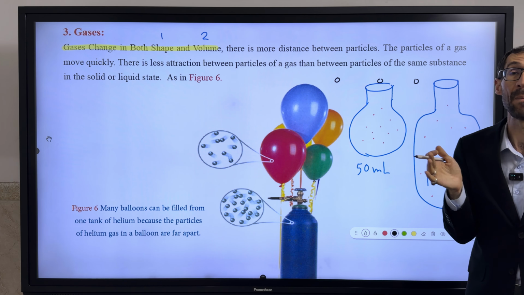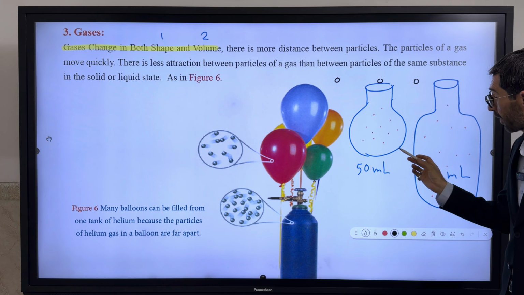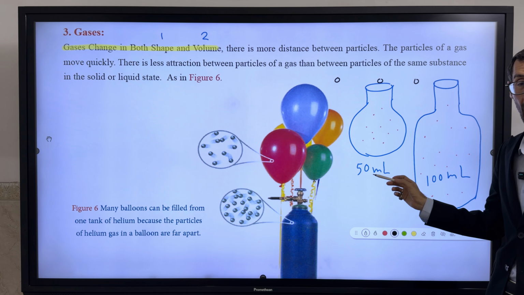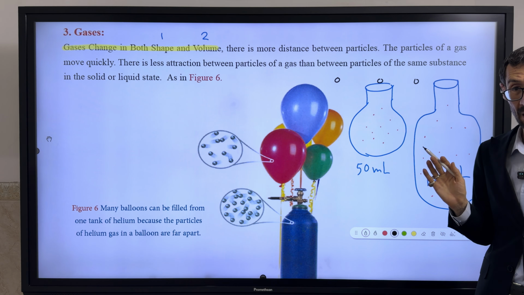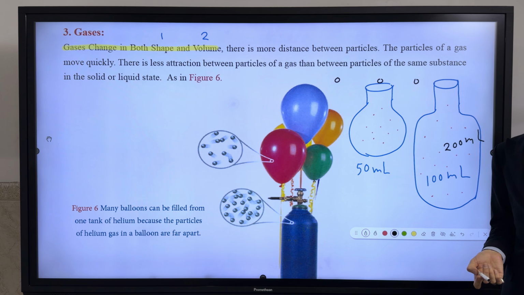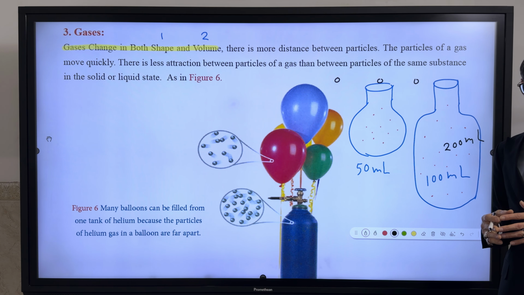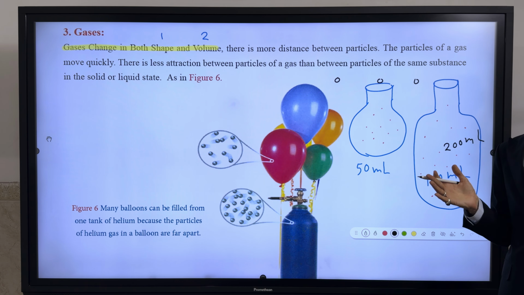They are compressed. So gases are compressible. You can fill this tank with 100 milliliters. The volume of the second tank is 100 milliliters, and I can fill it with 200 milliliters. How is it possible? Because of this property of gases, that gases are compressible.